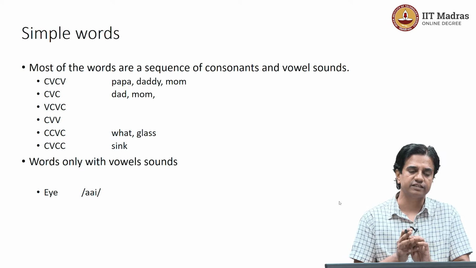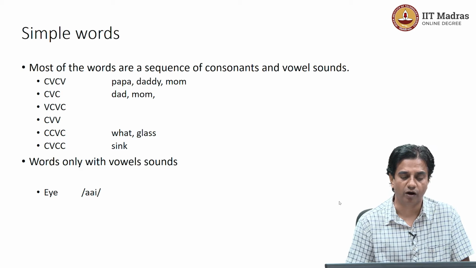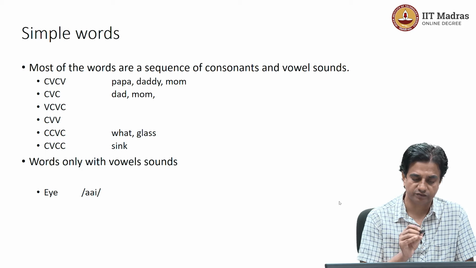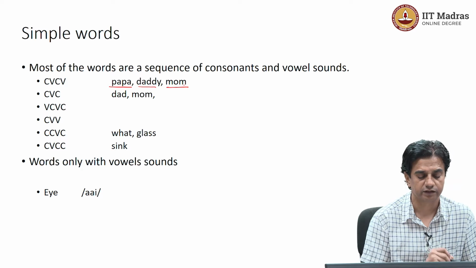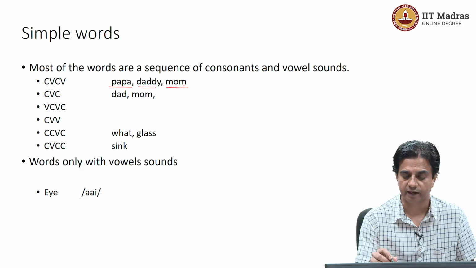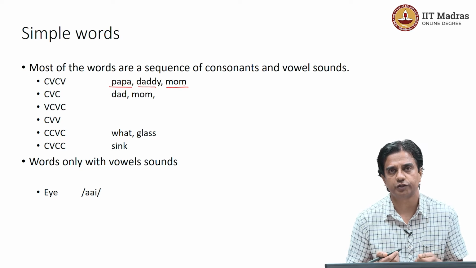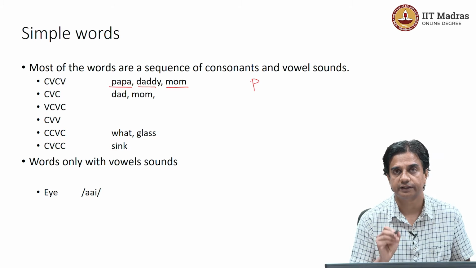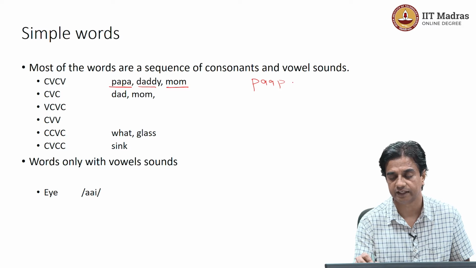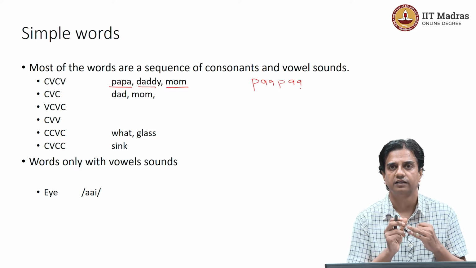We start with a very simple word like papa, daddy, mom. Just say the word papa to yourself. We hear a sound pa, then we hear a sound a, and then we hear another sound pa, and then another sound a. So, there are four sounds in this word: pa, a, pa, a.